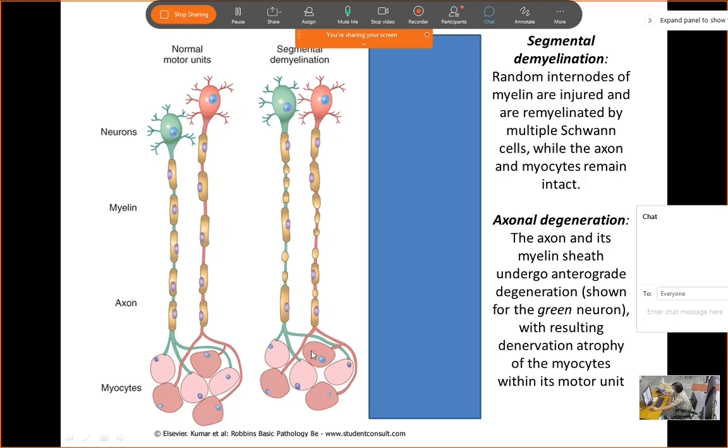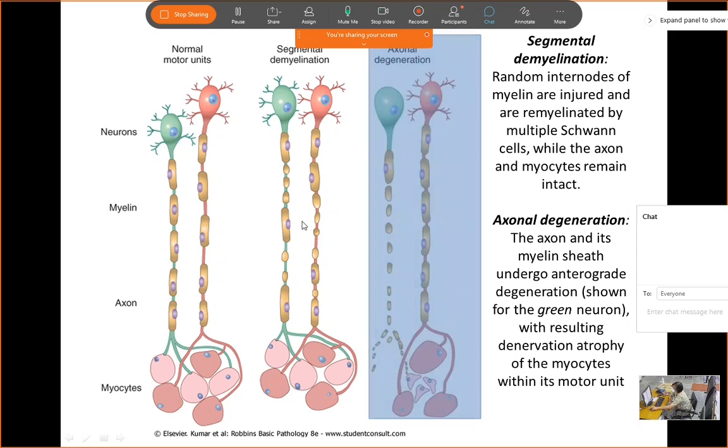The myocytes are completely normal, but the myelin is defective in between, and it's getting remyelinated at the same time. So segmental demyelination, random internodes of myelin are injured and are remyelinated by multiple Schwann cells, while the axons and the myocytes remain intact. This is segmental demyelination. This is just for general knowledge.